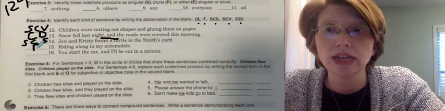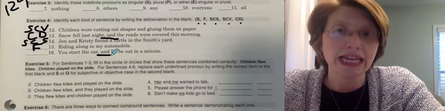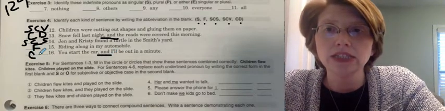Riding along in my automobile. Who was? We don't know. So it's missing a subject, so that's a fragment. You start the car, comma, and I'll be out in a minute. Comma, and means that this is going to be a compound.